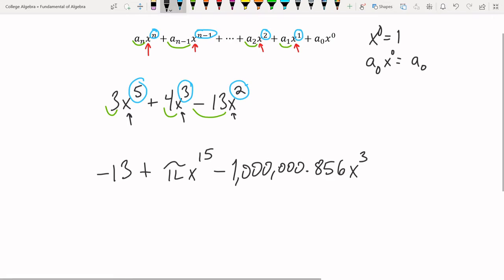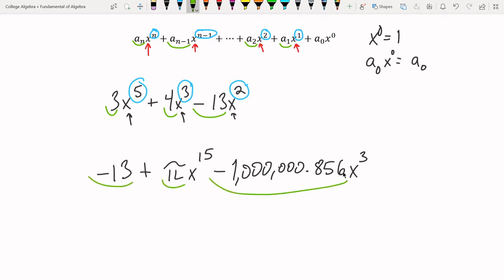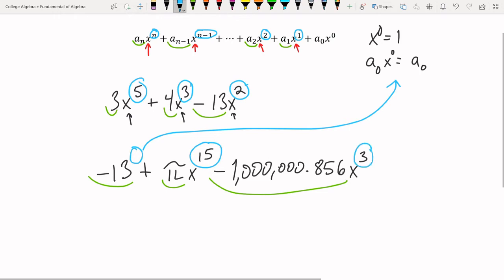Same idea here, right? We've got the coefficients and we've got the powers. This doesn't have a power written here, which means it follows along this idea where x to the 0 equals 1, so we don't write it. This is x to the 15, and this is x cubed.